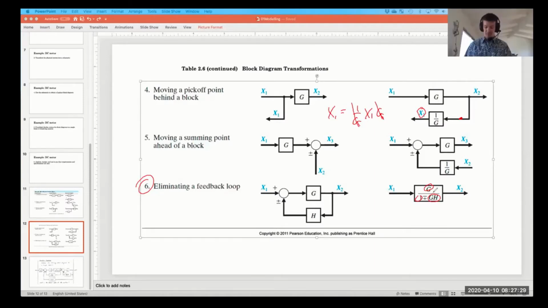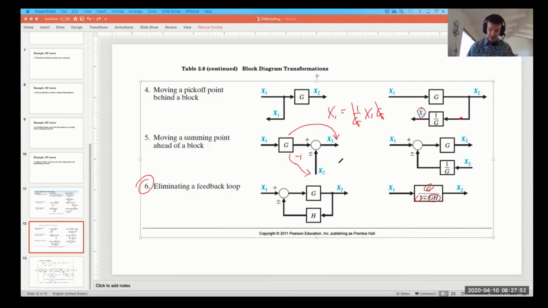Mm-hmm. And then that sum is then being multiplied by g. So when you would use this is if you needed to move the G block to the quote-unquote other side of the summing junction. And you can do that provided you also invert it and put it down there.